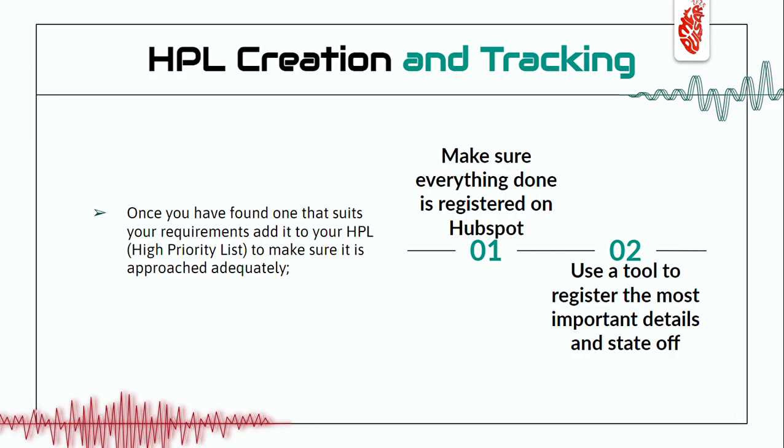And it depends on your LC, but if you want to use a tool to register the most important details and state, you can make a tool and put all the details, so you don't have to open HubSpot every day and look for the company, etc. You can make a tool, and by the end of the week, you can just update HubSpot from that tool. It would make things much easier for you.